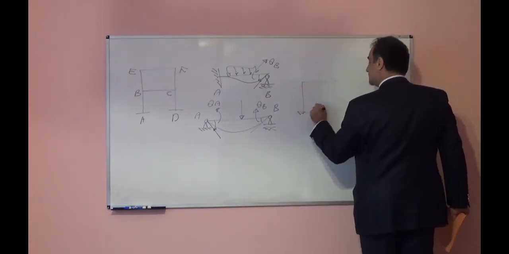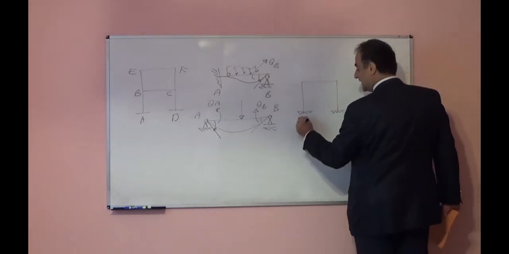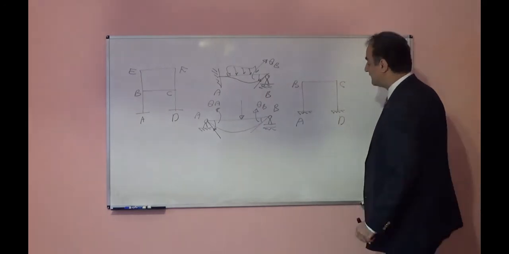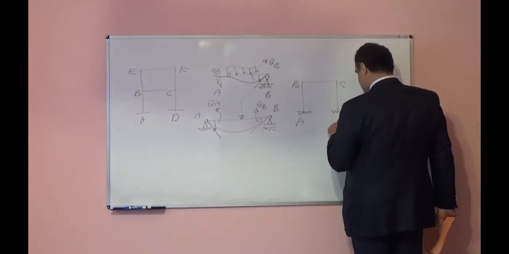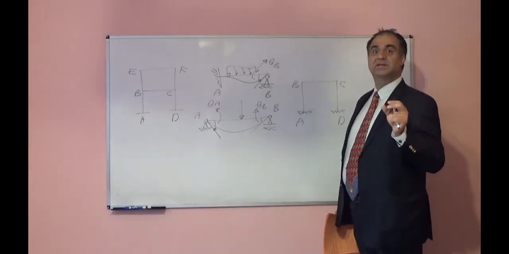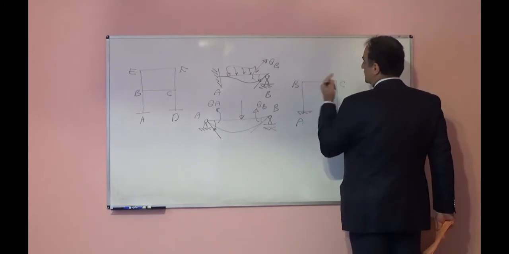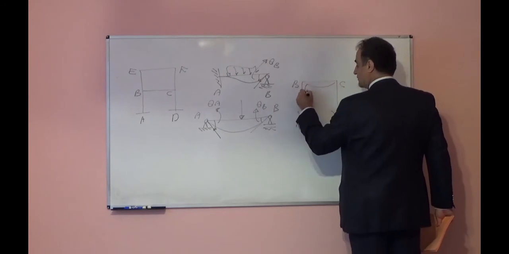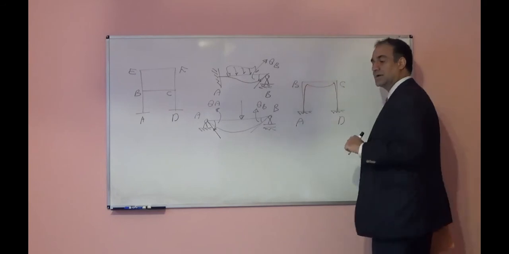Or if I look at this frame, in this frame I have A, B, C, D. I have 4 joints. Each joint can rotate, but joints A and D, because they are attached to fixed supports, cannot rotate. Rotation is 0. But joint B can rotate, and joint C can rotate. For example, depending on the load, they form something like this. So both can rotate.